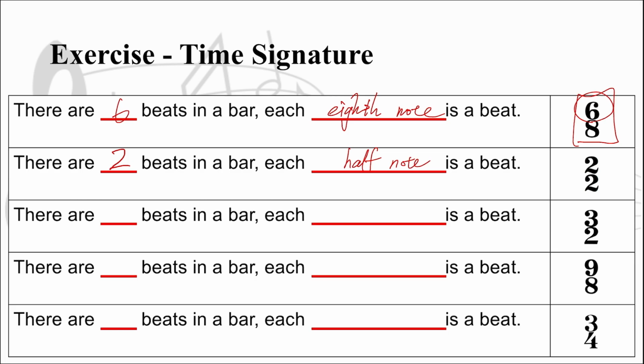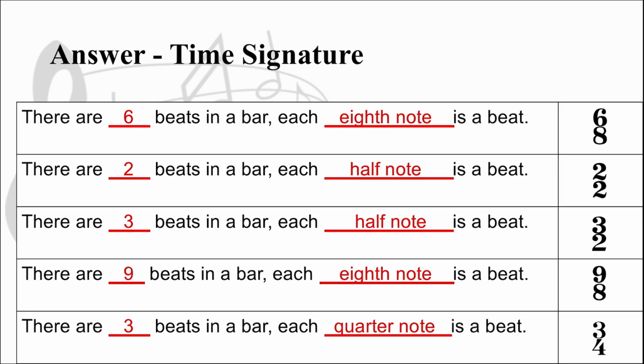Okay, and there are 3 beats, right? And each half note. Okay, 9 beats, each eighth note. Okay, 3 beats, and each quarter is a beat. Okay.